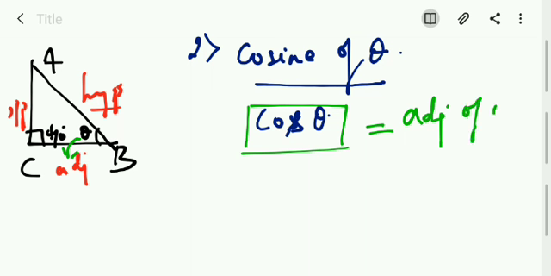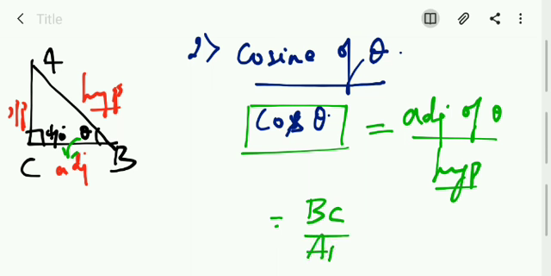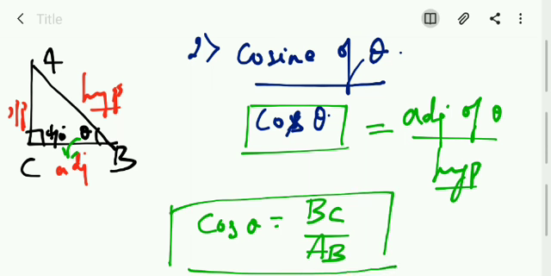Adjacent side of theta by hypotenuse. Now what is the adjacent side of theta? Come on, simple, BC by AB. So this is your cos theta, the definition. Very simple. Please make sure you get these definitions very right.